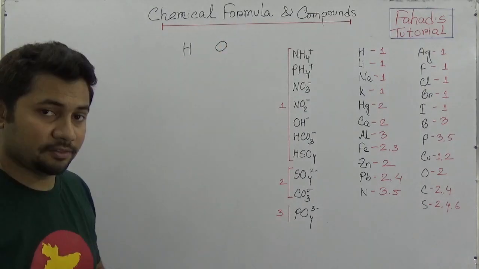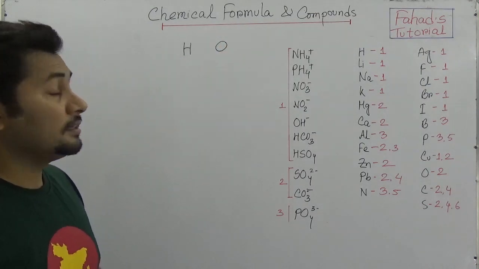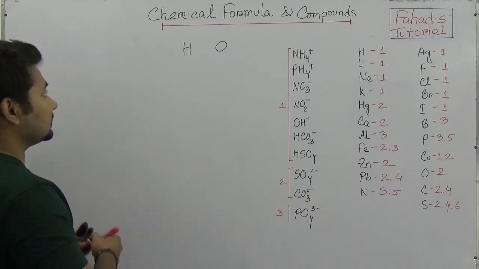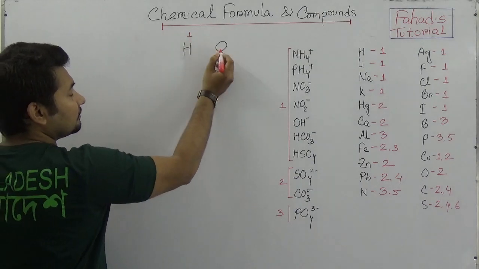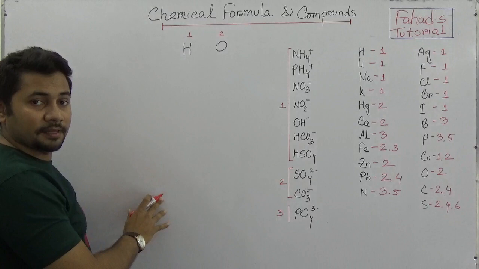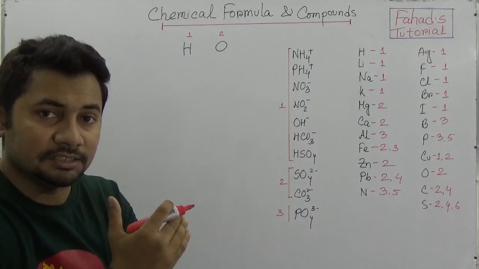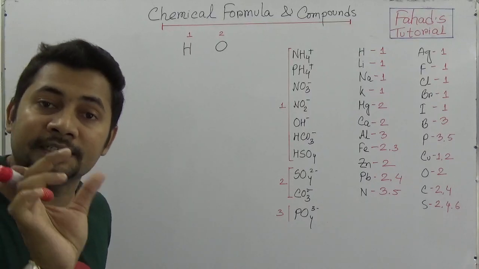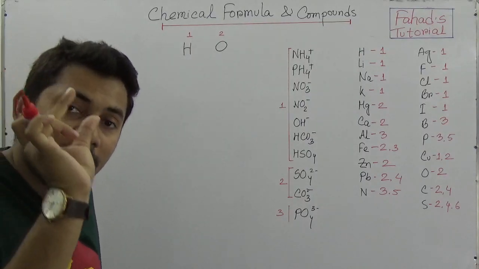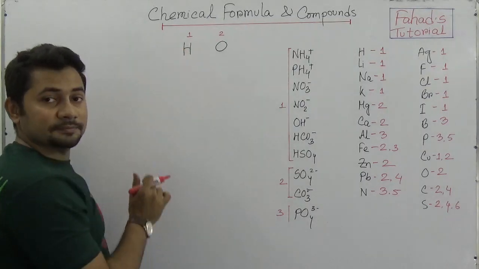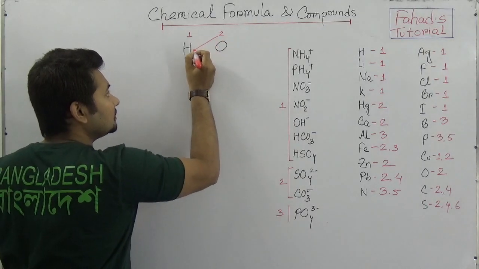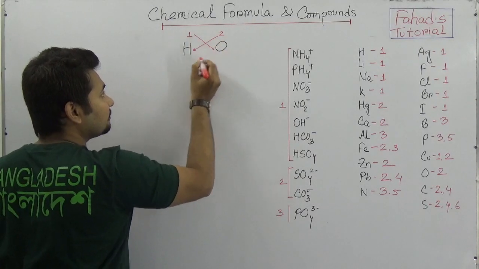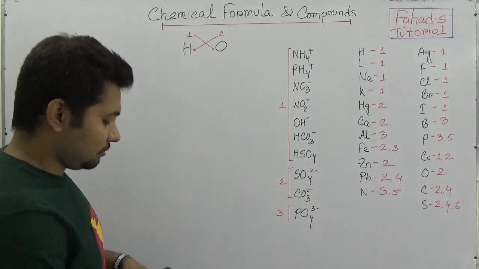What we do is this: the valency of hydrogen is 1 and the valency of oxygen is 2. Now we need to exchange the valencies between these elements to write down the chemical formula.